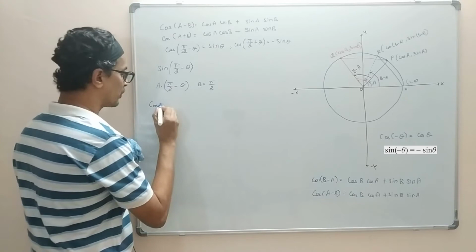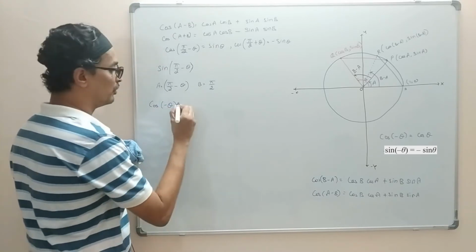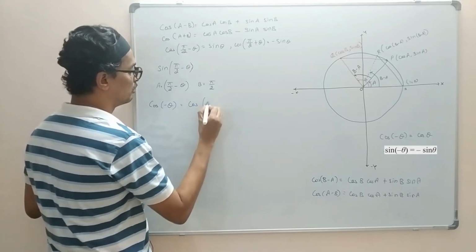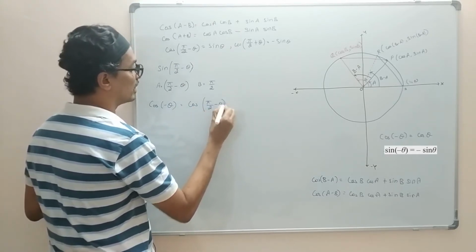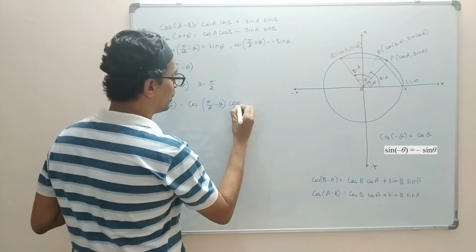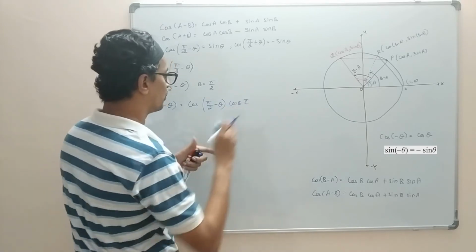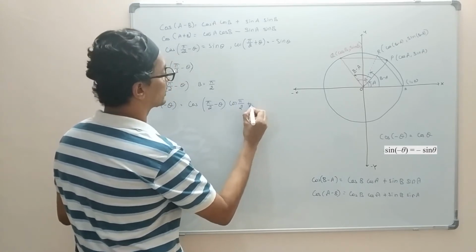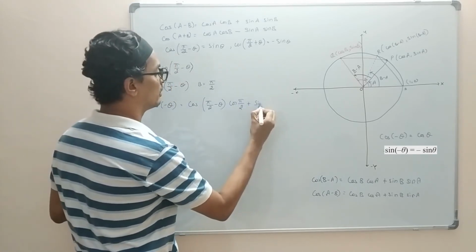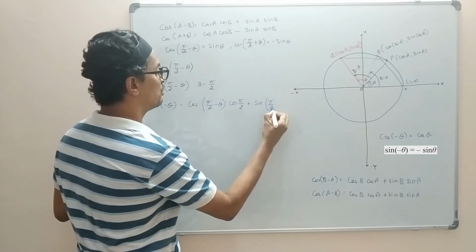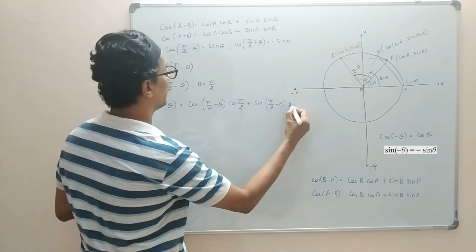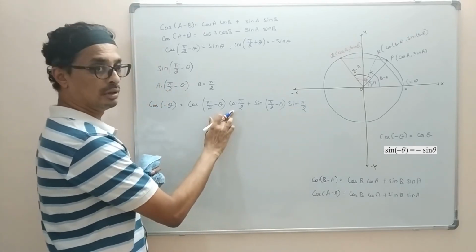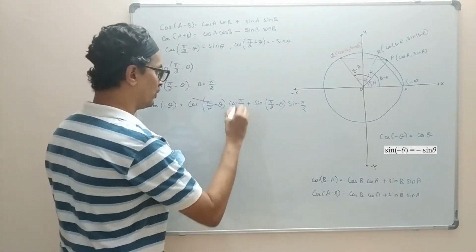Cos of minus theta will be equal to cos A, that is cos(pi by 2 minus theta), into cos B, which is cos pi by 2, plus sin A, sin(pi by 2 minus theta), into sin B, which is sin pi by 2. Cos pi by 2 is 0, so that term goes off.